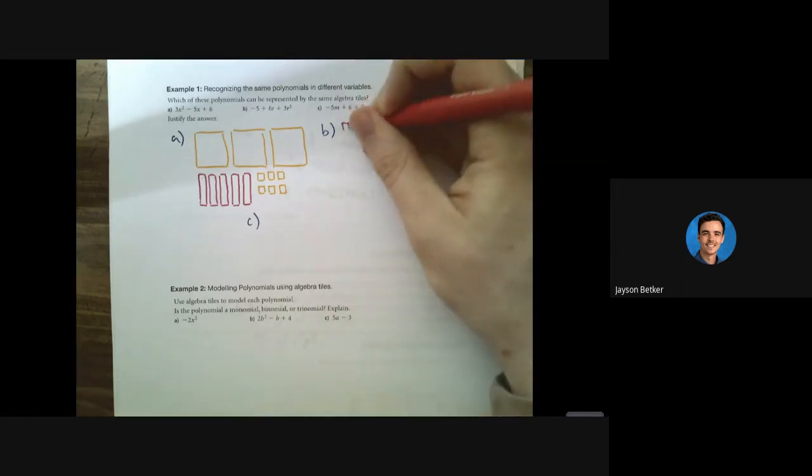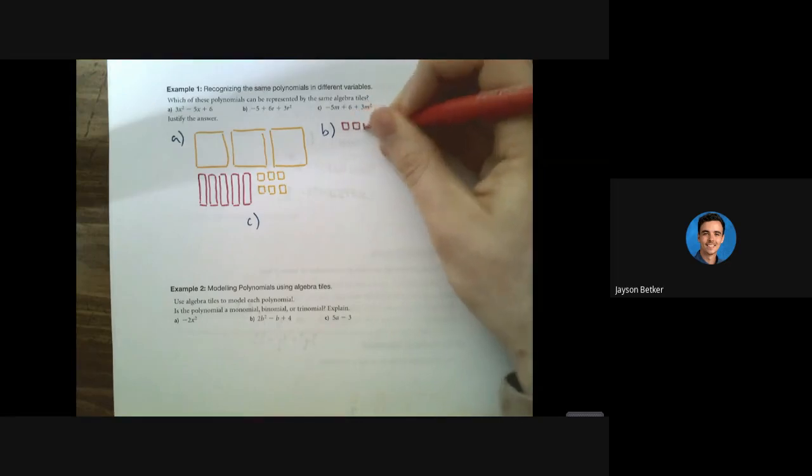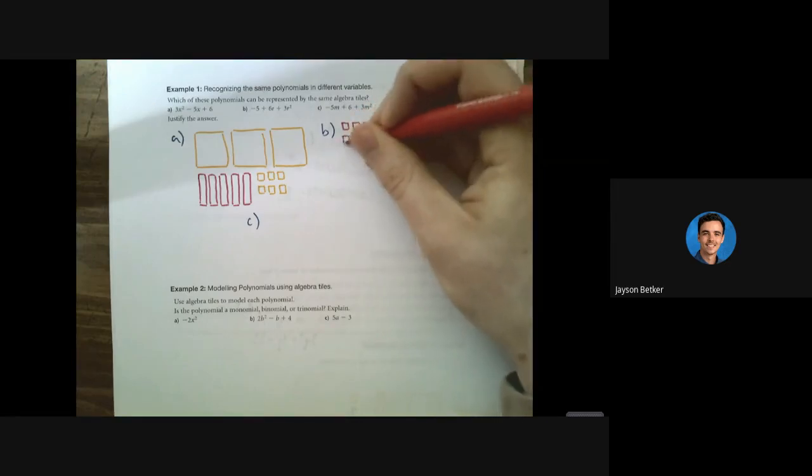So now we have a nice visual representation of what this A is telling us. Let's do it for parts B and C, and let's see which ones are the same. So this one, I'm starting with negative 5. 1, 2, 3, 4, 5. And then I have plus 6r.